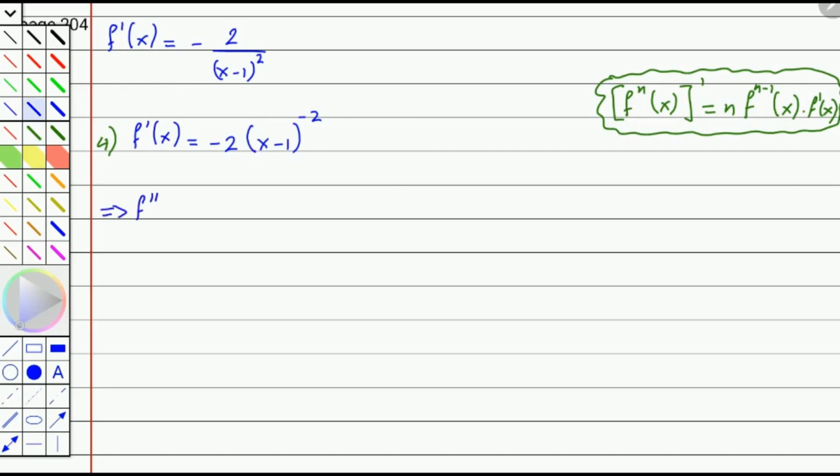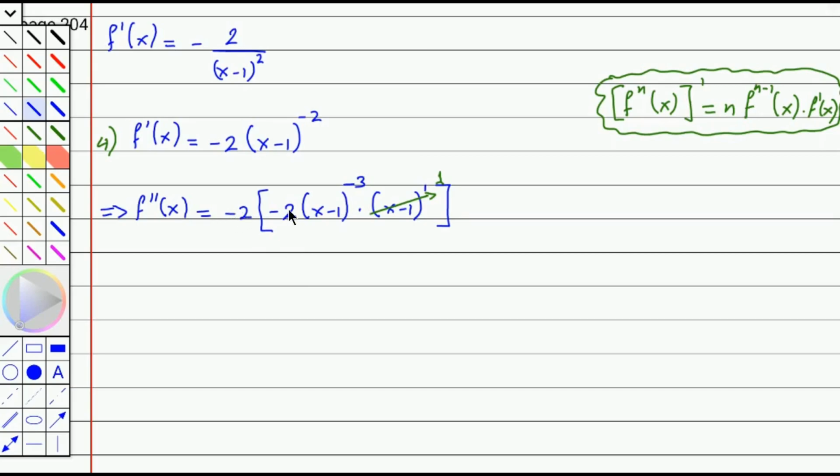So f double prime of x is going to be negative 2 brackets minus 2 times x minus 1 to the negative 3. We reduce the exponent by 1 times x minus 1 derivative. And we know that the derivative of x minus 1 is 1. And so let's tidy this up.